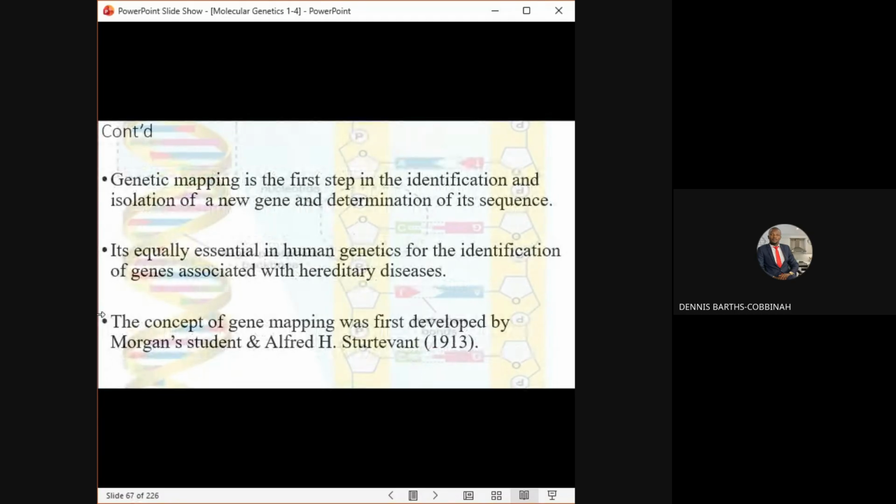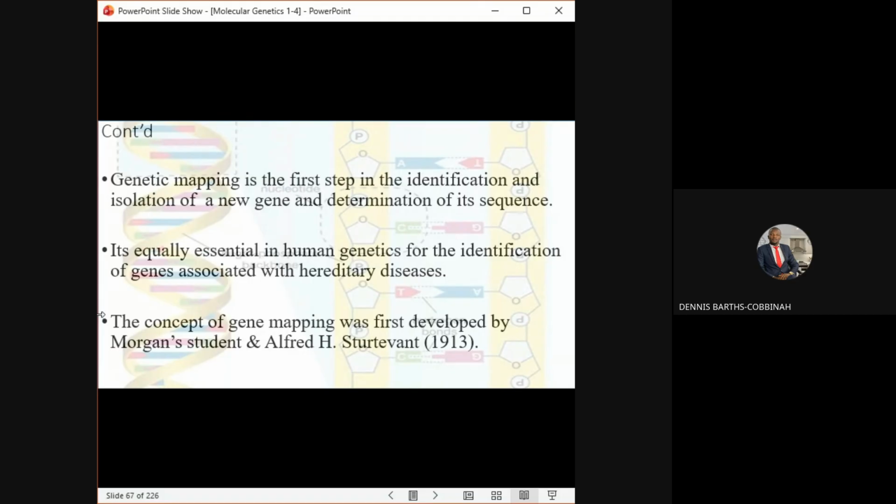So genetic mapping is the first step in identification and isolation of new genes and determination of their sequences. So the distances allow the isolation of certain genes, and we can study how the nucleotide sequences occur in the DNA.